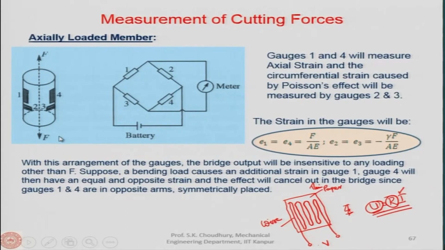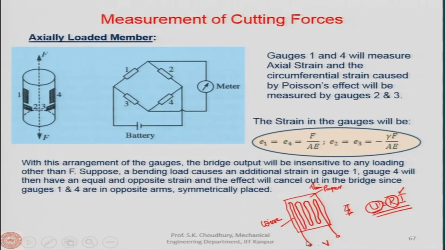Each one is like this, the principle is the same: on the thin paper there is a spiral wire, and the entire paper is glued on this member, so that when the axially loaded member is deformed, the wire, which is rigidly glued on the paper, will be deformed and the resistance will be changed.